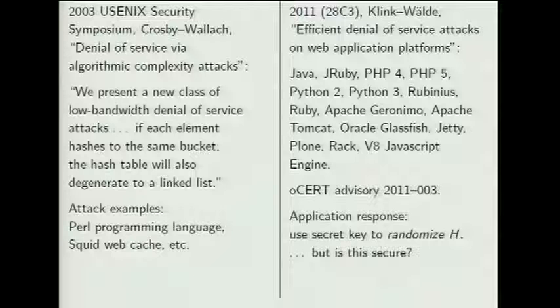And then, well, how is the attacker going to figure out strings that collide? You've got your secret hashing, and the attacker doesn't know what your secret is. Well, what we're going to talk about in the rest of this is whether this actually works, whether it's actually secure.